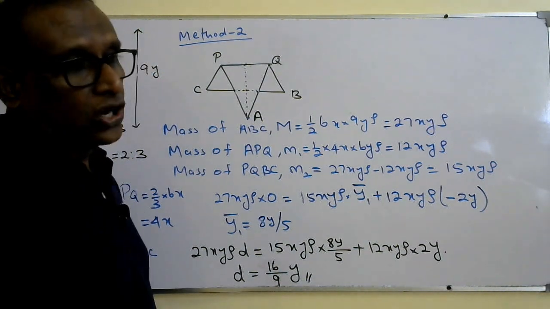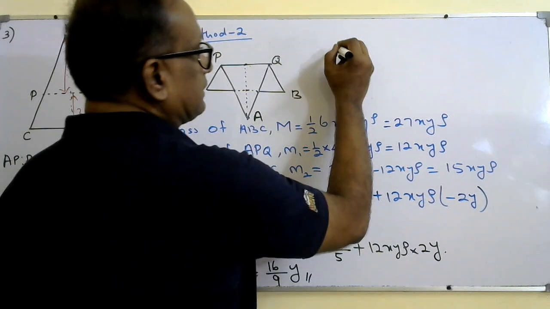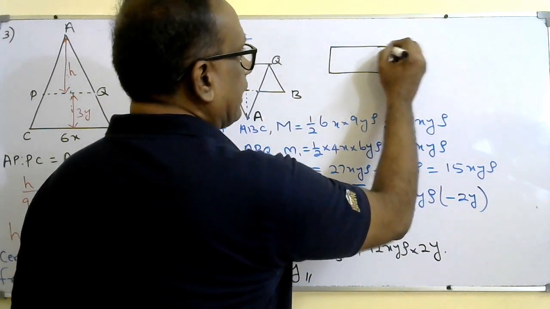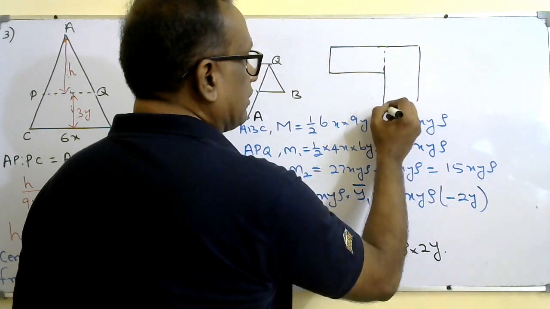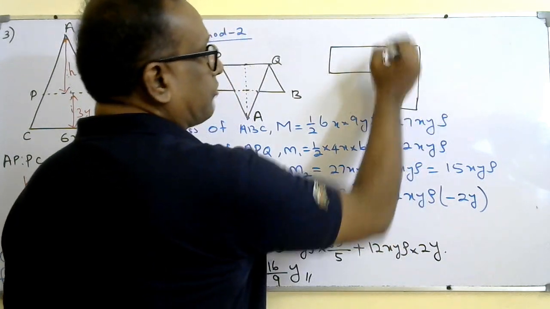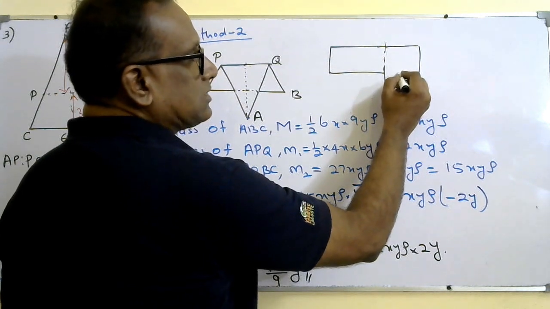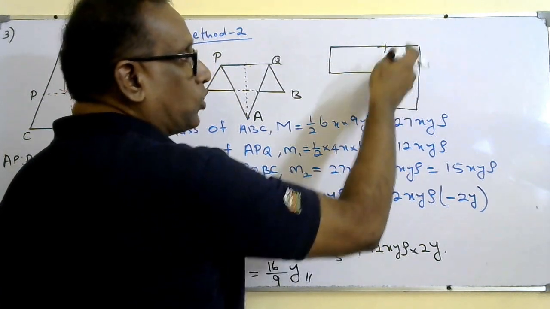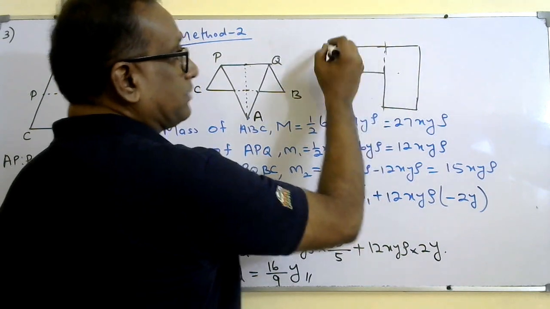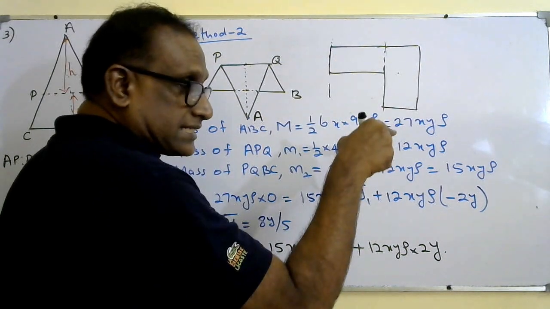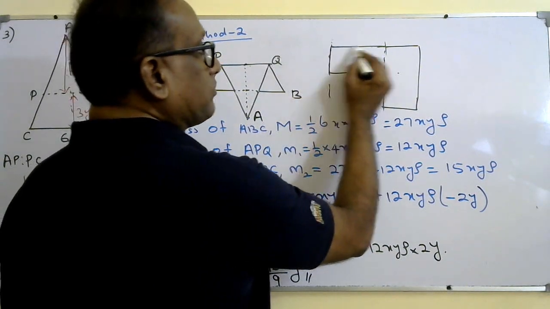But you can see in the October 2022 paper, the shape was like this, something like this, is it? So it's not symmetry. When we found the center of mass from this line, we only know the distance of the center of mass from this line, but to find the exact point, we need to find again from this line.